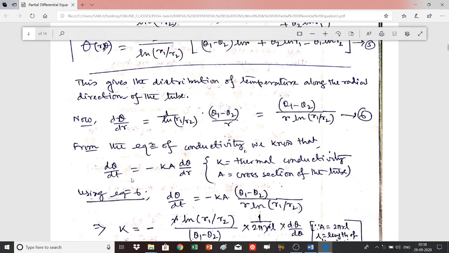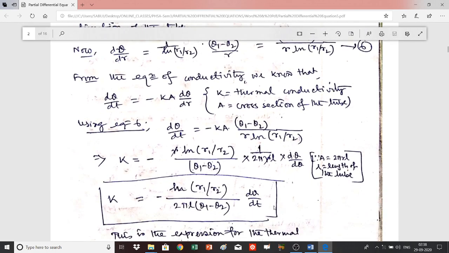Just substitute this value in this equation. So d theta by dt is equal to minus K A, then theta 1 minus theta 2 by r log r1 by r2. That will lead you to K, with the minus sign absorbed, calculated from this expression: r log r1 by r2 by theta 1 minus theta 2, then into, in the denominator, 1 by 2 pi r l. Cross section is 2 pi r l.